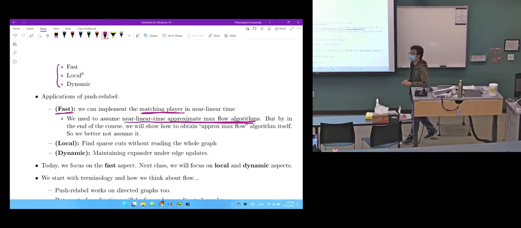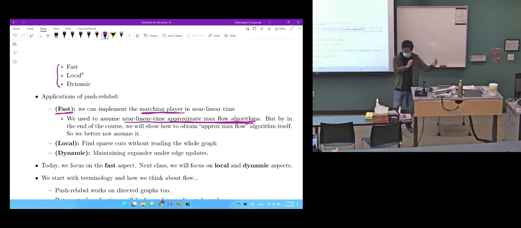Yes. What do you mean by implementing the matching player? Previously it seems we have an arbitrary matching player, right? So what I mean is, think of when you want to find a sparse cut based on the cut matching game.